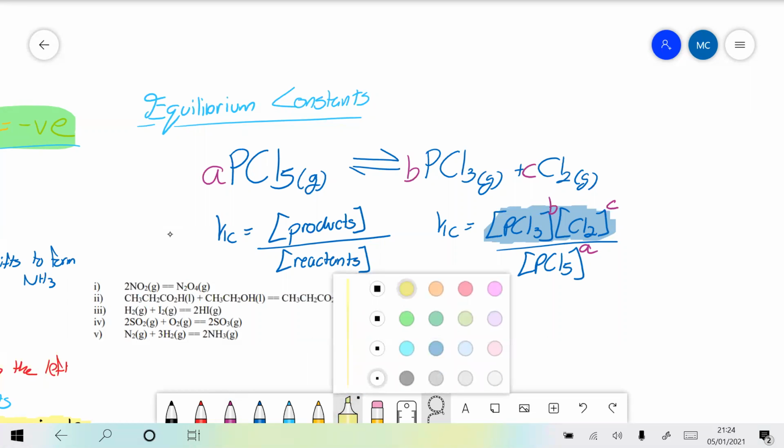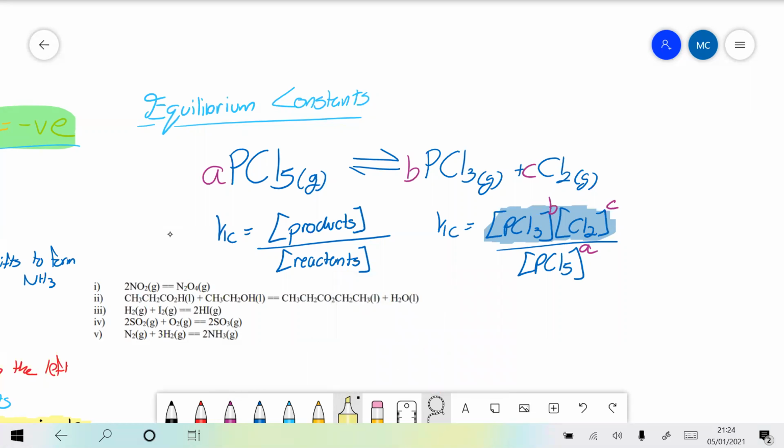Today, we will not be discussing how to write the units. We will leave the units for next lesson. Today, we're just going to be discussing how to write Kc. Next lesson, we will revise the equilibrium constant and how to write it, but then we will also include how to write the units of the equilibrium constant, because the units will change depending on the reaction.